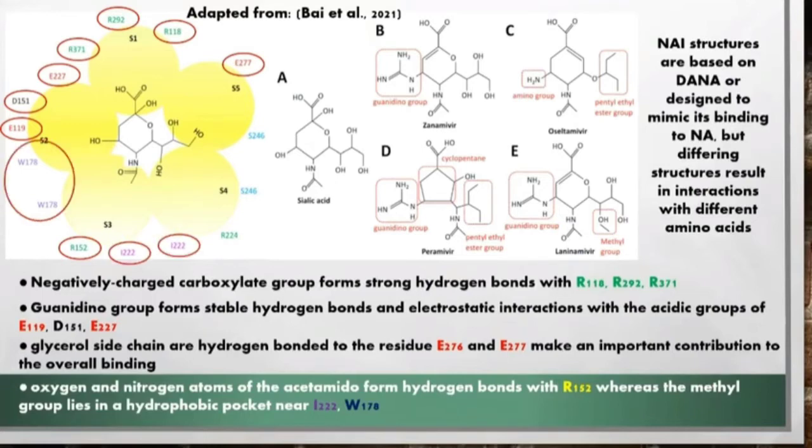So as shown in this figure, we can see that neuraminidase inhibitors have more interactions and higher binding affinity to the neuraminidase as compared to sialic acid. Therefore, the presence of neuraminidase inhibitors will act as competitive inhibitors to the neuraminidase.